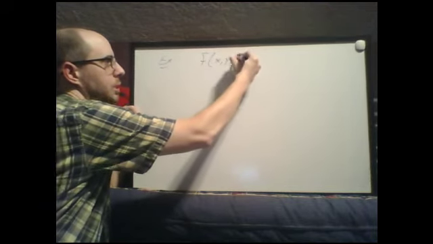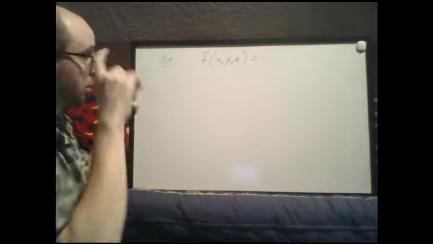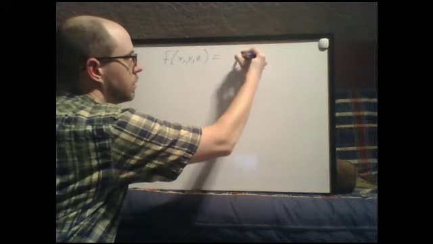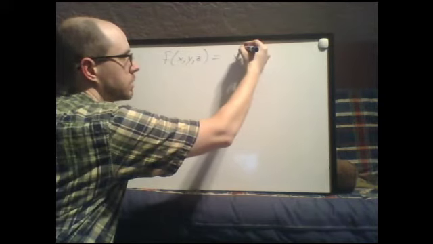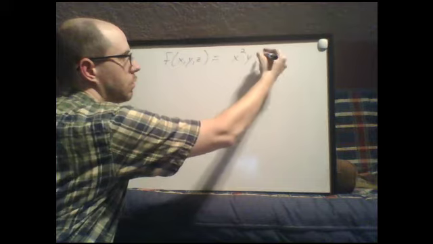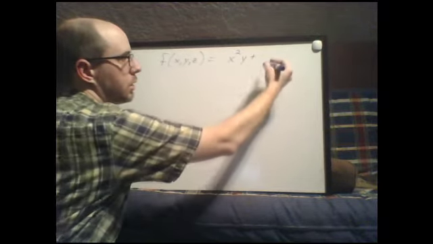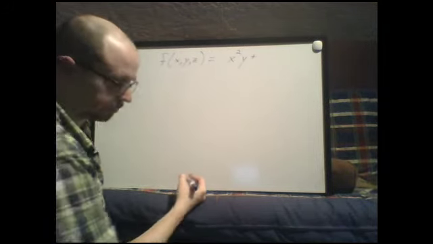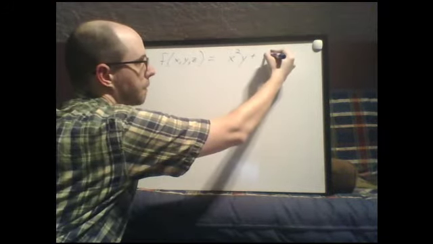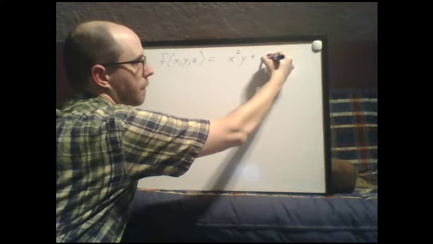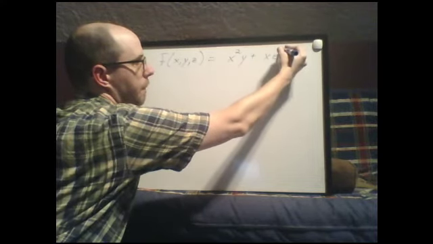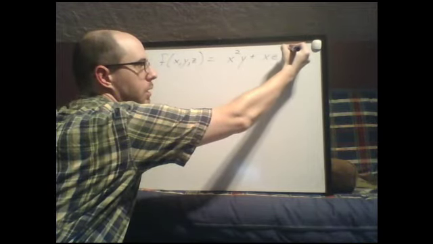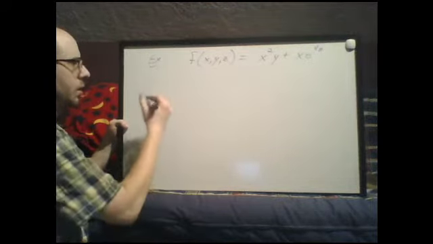F of x, y, z equals x squared y plus x times e to the 4z.